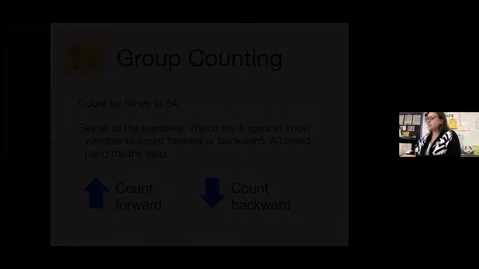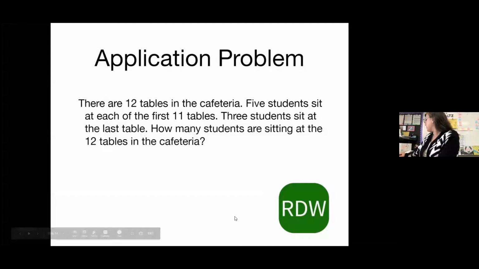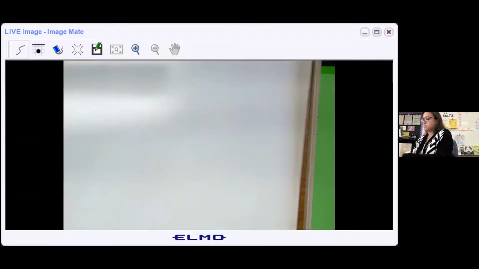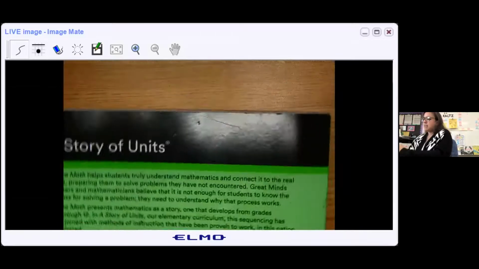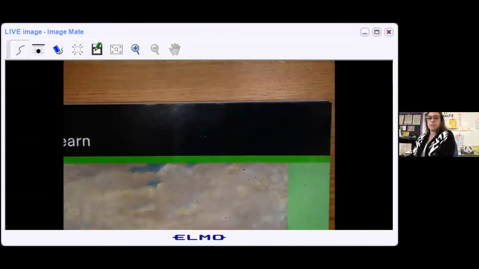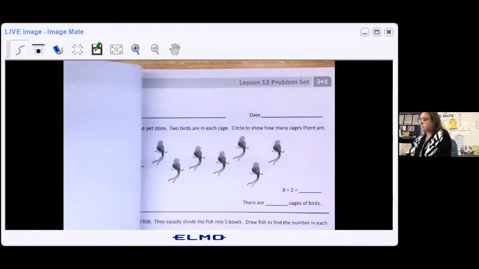Okay, let's jump into our application problem. So our application problem is found in our Learn book with the blue trim.